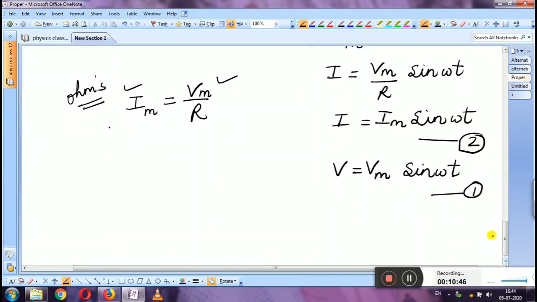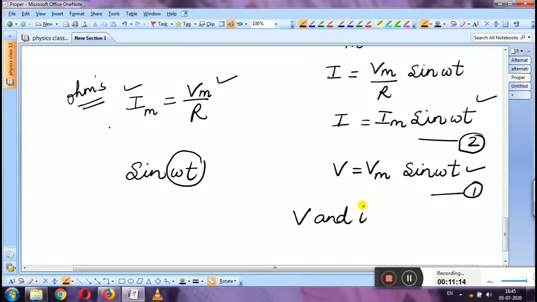Now why am I writing them as equation 1 and equation 2? Because we will compare phase here. Now what is phase? With sine you can see omega t. In both the equations we have the same angle. This same angle represents the same phase. That means you can say V and I are in the same phase.